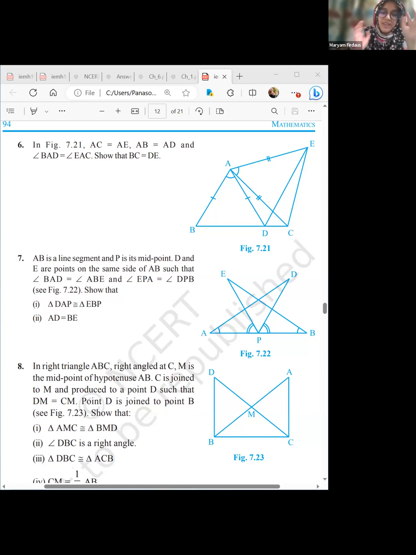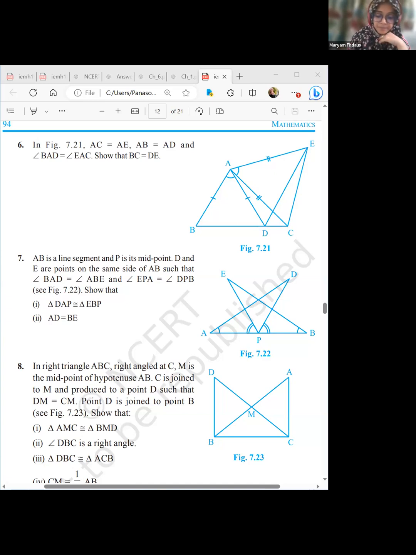For EPA, I have to first connect E and P. So this is your angle EPA, starting from E. EPA is equal to DPB. DPB is this one.